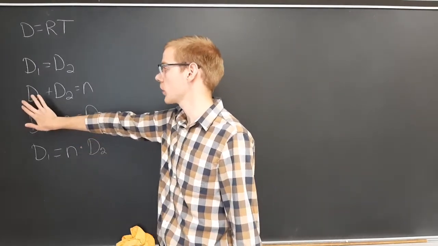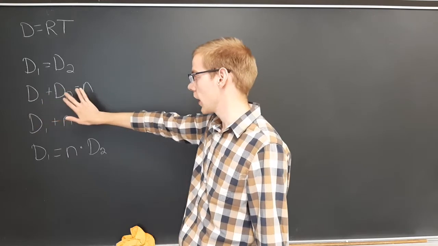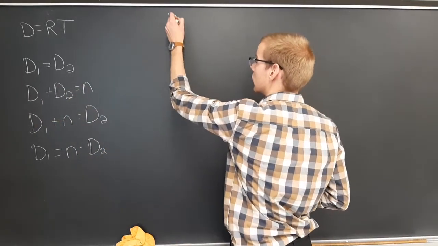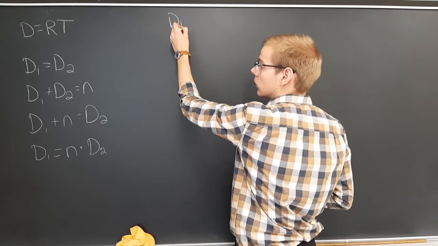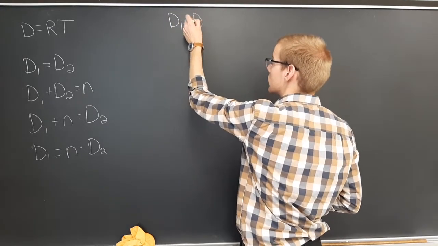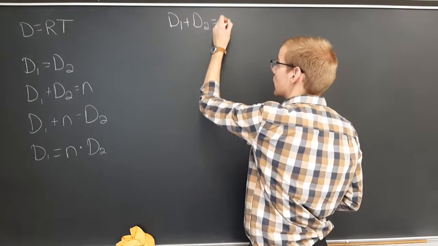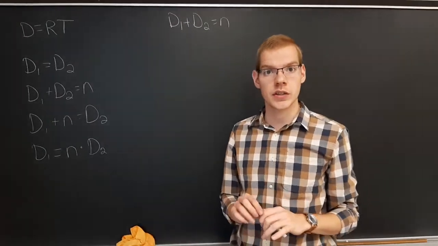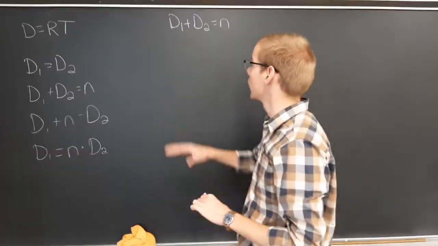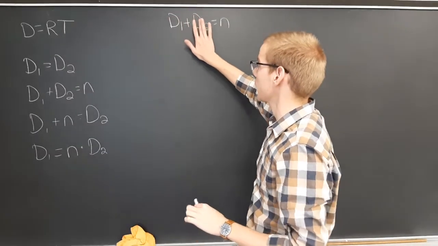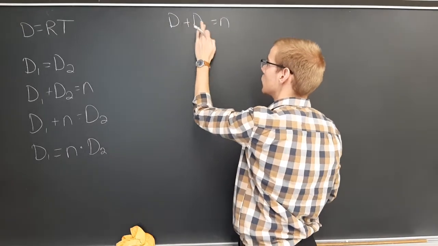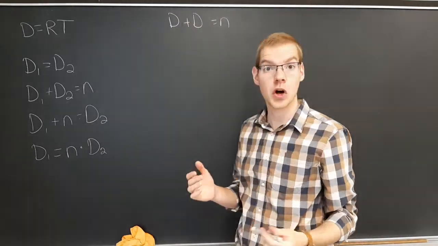We add the small bee with the big bee, and then we have 5. So let's start with that. D1 plus D2 equals N. Now we need to split this into the rate and the time here and the rate and the time here. So instead of 1 and 2, let's put our small and large bee.